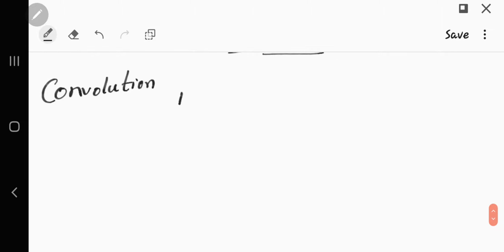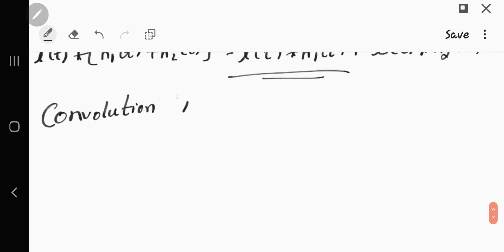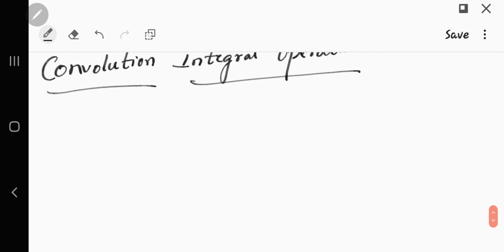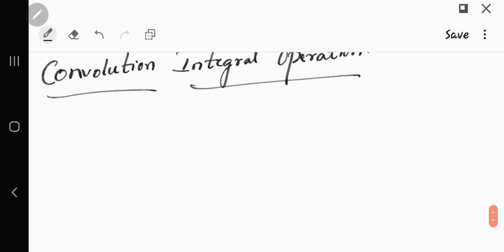So, now I will take this heading as convolution integral operation. So, that means when you apply the expression, what are the steps you are supposed to follow to get the end result. Okay.